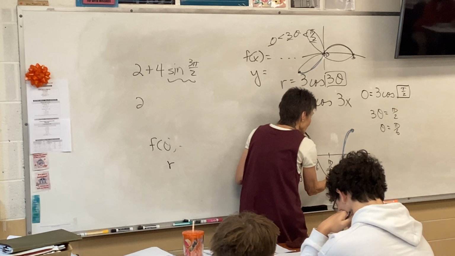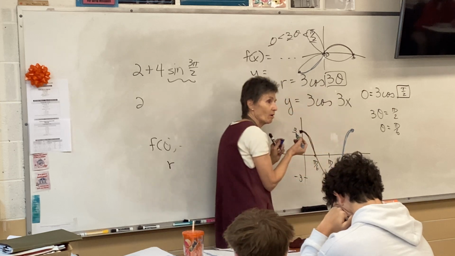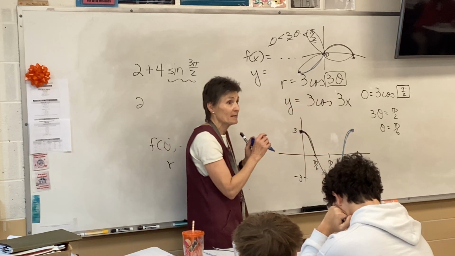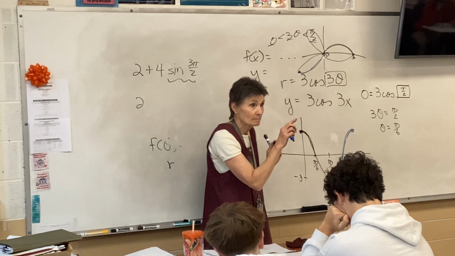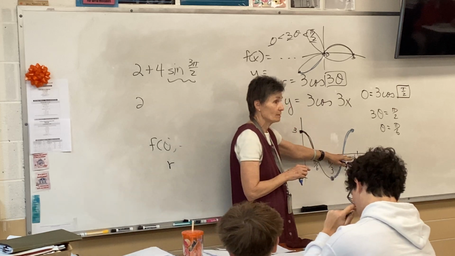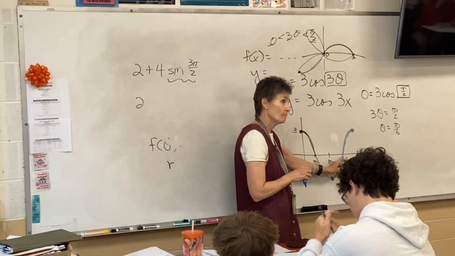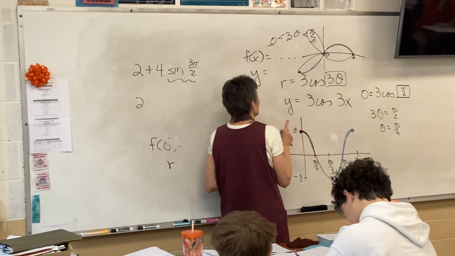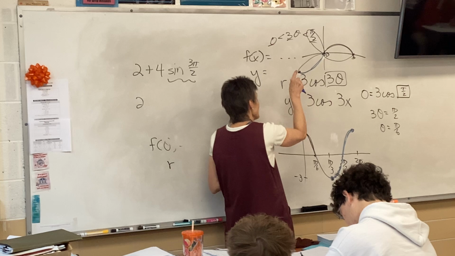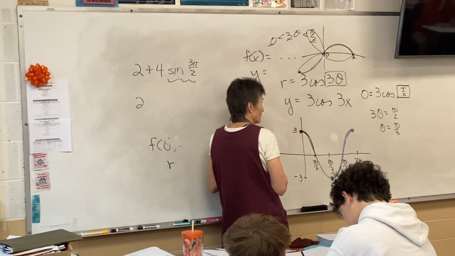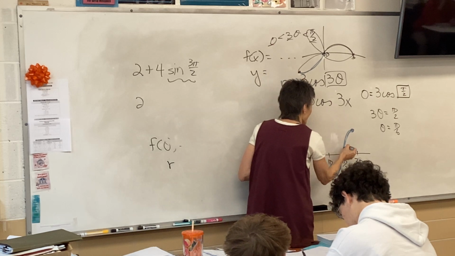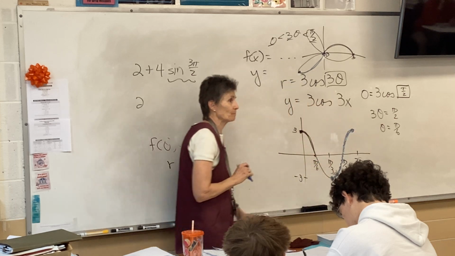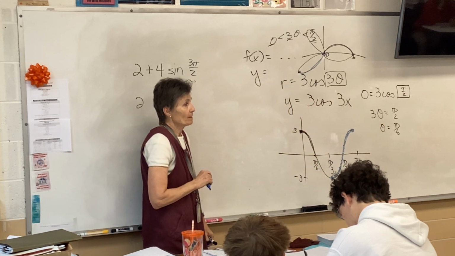Isn't that happening right here? Isn't that where my R values are getting smaller? I'm getting closer to 0. R is 0 right here. So I need to find the adjoining piece of the graph where the R values are getting bigger.